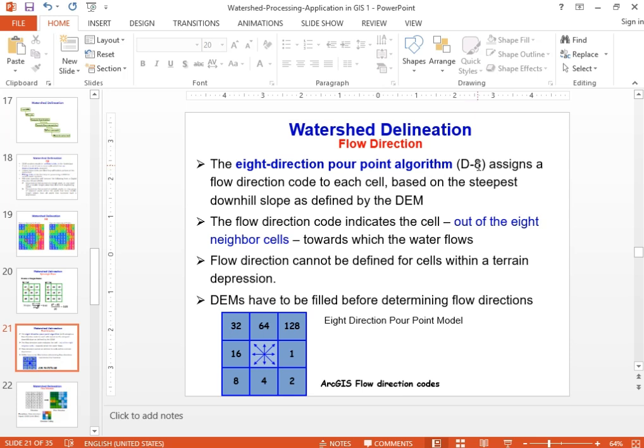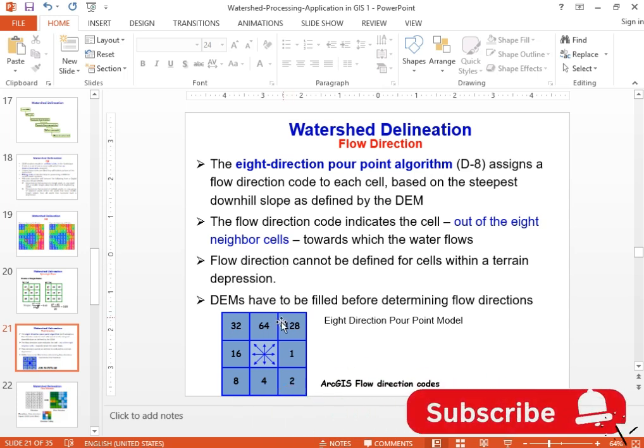So this D8 algorithm is very important in order to know from where to where the water is flowing. The flow direction code indicates the cell out of the 8 neighboring cells toward which the water is flowing, and the flow direction cannot be defined for cells within sink depressions.